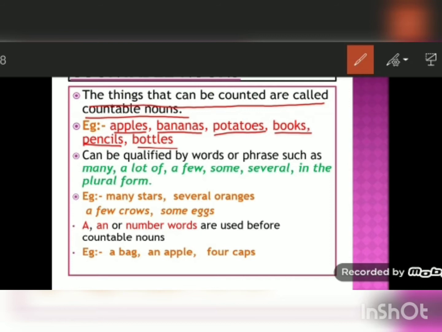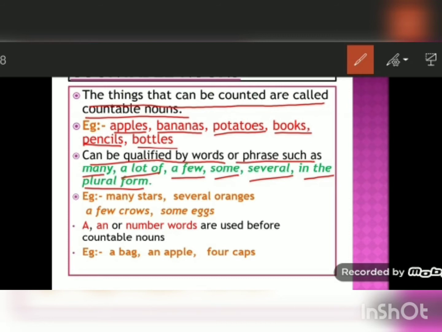Countable noun can be qualified by words or phrase such as many, a lot of, a few, some, several in plural form. So we can qualify these countable noun by using a few words or phrase like many, a lot of, a few, some, several.